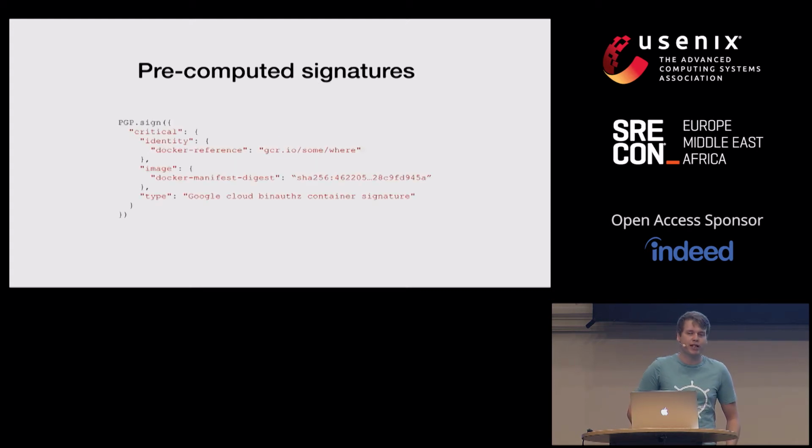Just a PGP signature over the Docker reference, which is nothing else than in which Docker registry the image lives, and then the Docker digest to uniquely identify the image itself. So we could pre-compute these and then enforce the existence of those signatures when we roll out any changes.